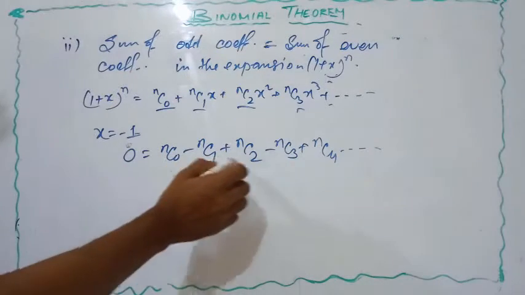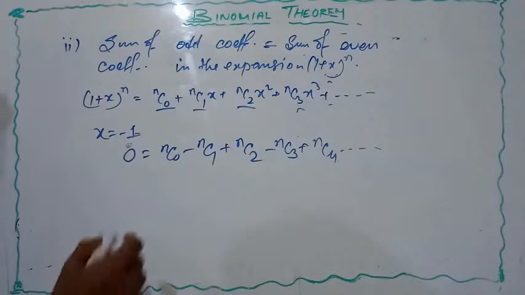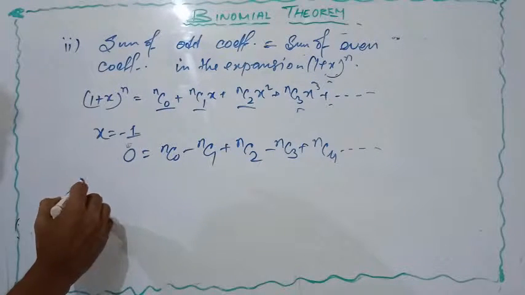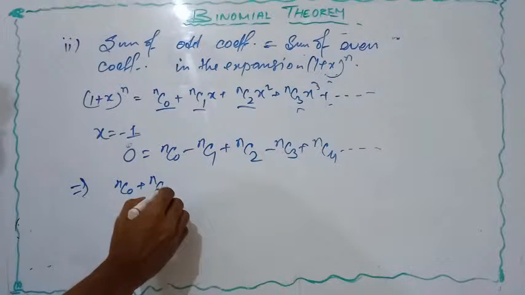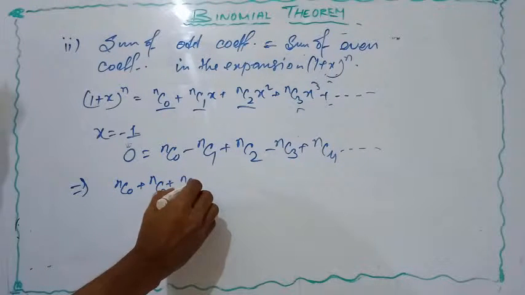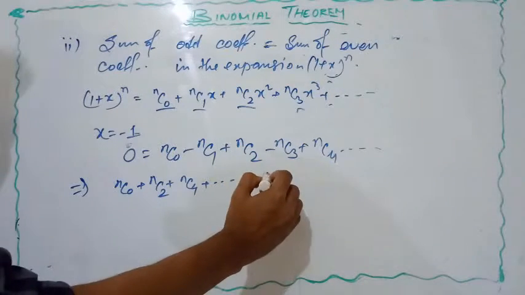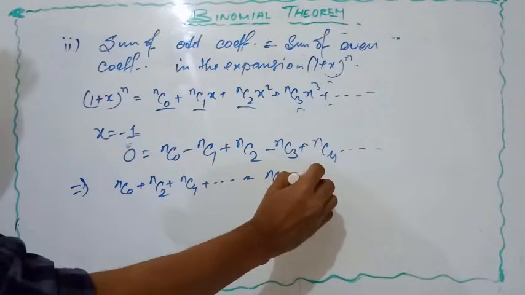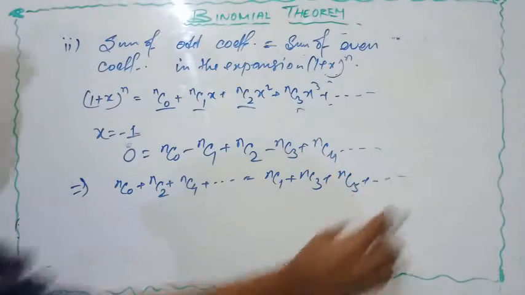If we take all the negative coefficients to the right hand side, the final value we get is nC0 + nC2 + nC4 + ... = nC1 + nC3 + nC5 + ..., and this will continue.